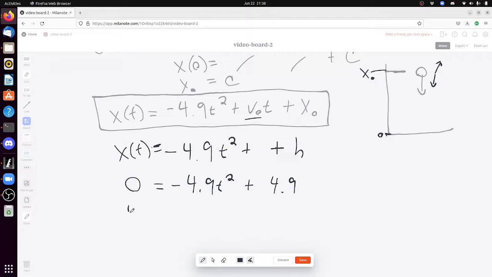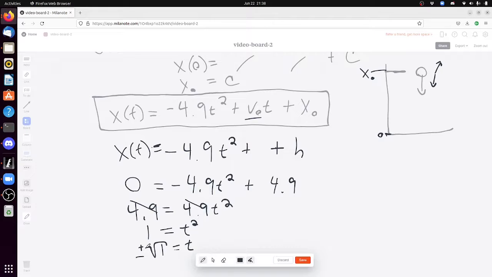Then, just going through the algebra, you'd have 4.9 equals 4.9 t squared. Divide both sides by 4.9, so you would end up with 1 equals t squared. Take the square root. T. Time of -1 doesn't really make sense because we're not running time in reverse.